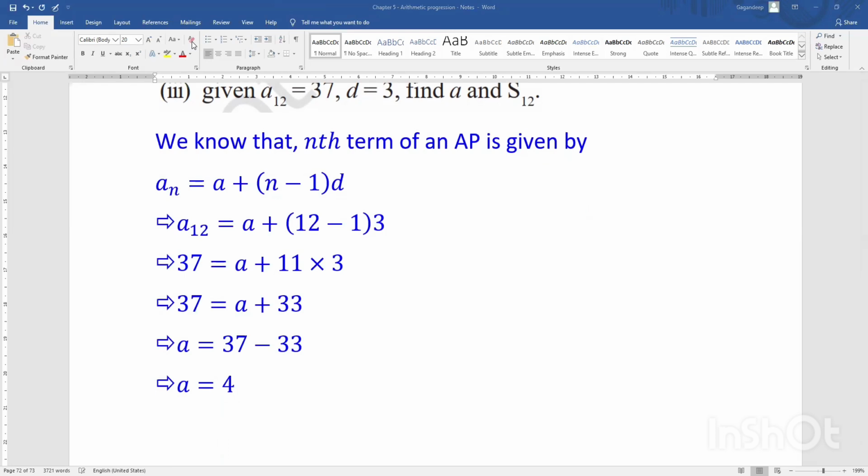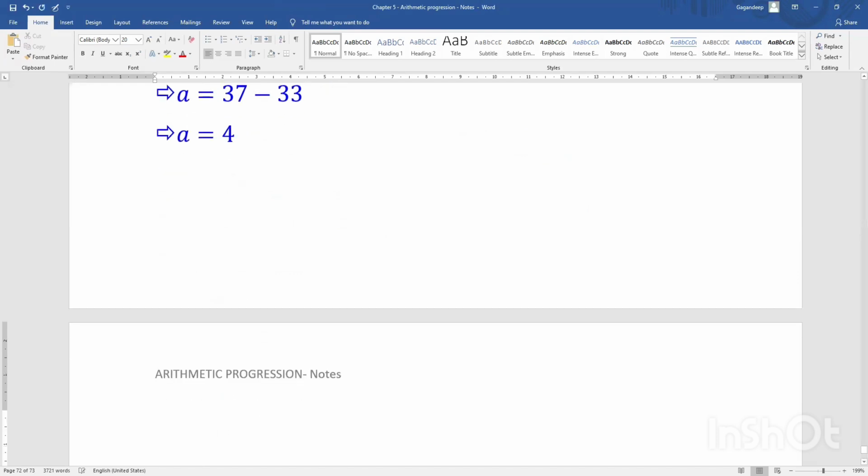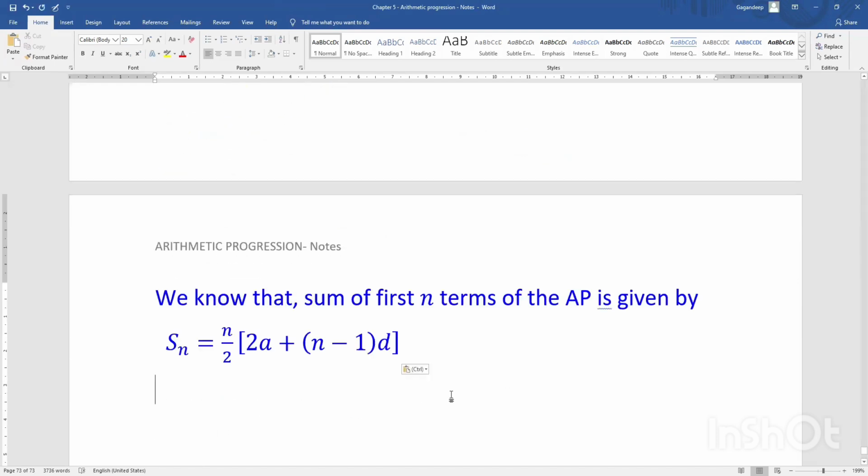In my next step, I'm going to consider the Sn formula. So we know that Sn is equal to n by 2 into 2a plus n minus 1 into d, right, children? So now for that, I'm going to take S12. Let me write S12.